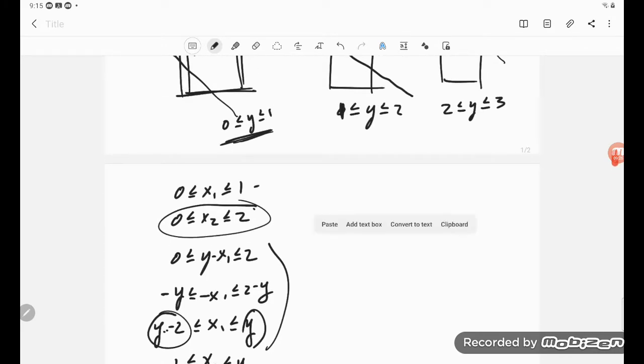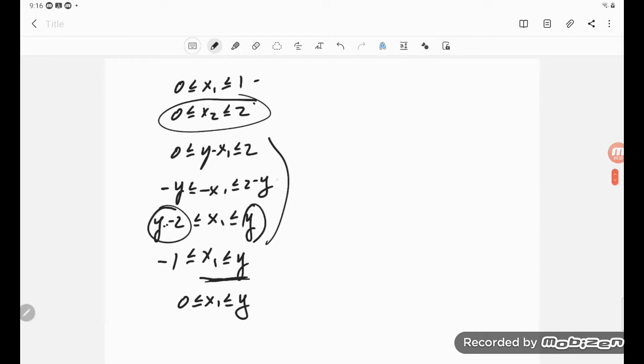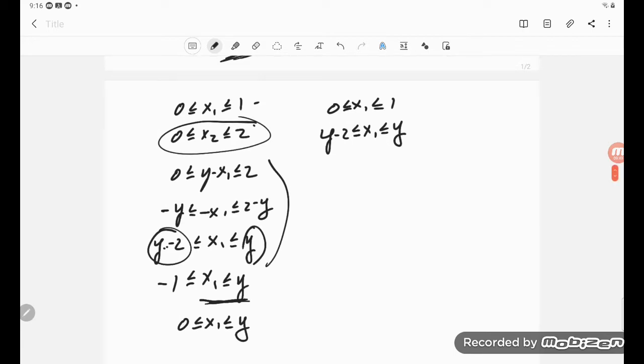Now, if y is between 1 and 2, then this stuff all carries. We still have that 0 is less than or equal to x1, less than or equal to 1, and then y minus 2 has to be less than or equal to x1, less than or equal to y. Now, y is between 1 and 2. So this top bound, the smallest it can be is 1, so that's not a problem.